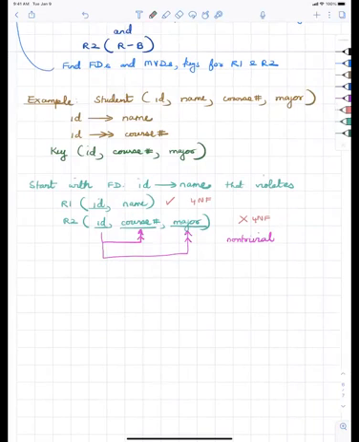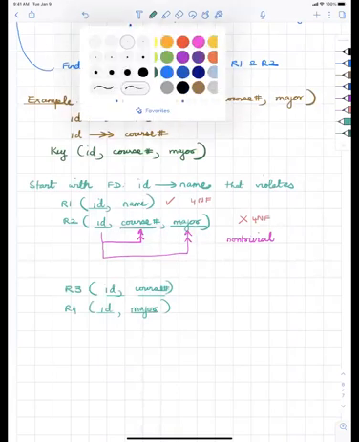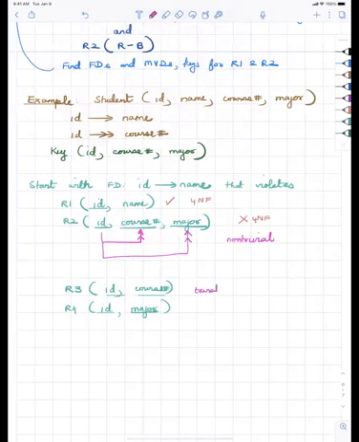So we have R3 and R4. Now R3 and R4 do have an MVD, but it's a trivial MVD. Both those are keys anyway.